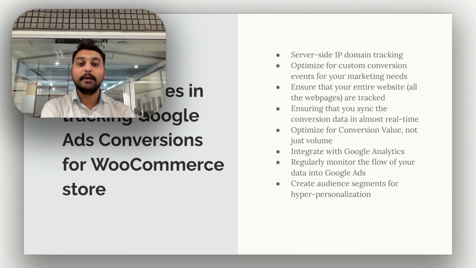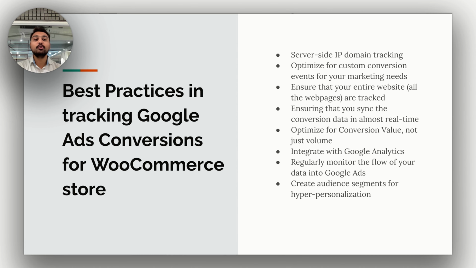Now, let's see some of the best practices that you can follow in tracking Google Ads conversions for your WooCommerce store. Number one, server side 1P domain tracking. So, you have set up conversion tracking, fine, but the best way to set up conversion tracking is through server side using 1P domain tracking, because the data privacy landscape has changed drastically.